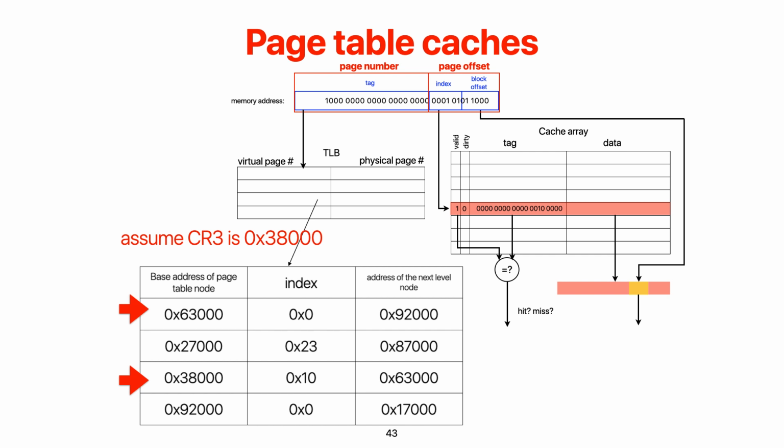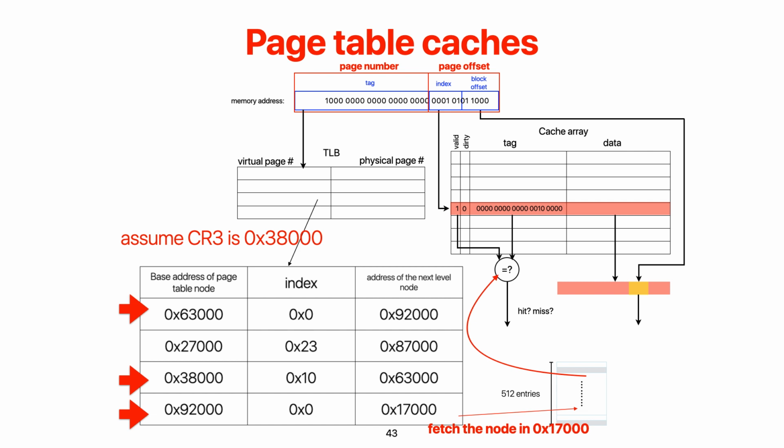Now assume that we are lucky enough, we get the next label node, and we are lucky again that this is indeed the index that we are looking for. So the next label node is 17,000, and there's no more 17,000 here.